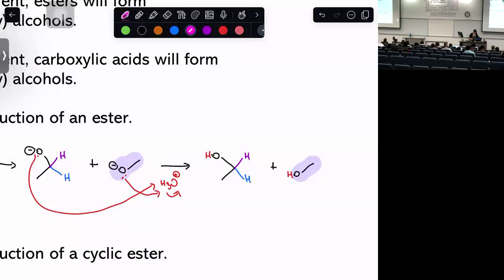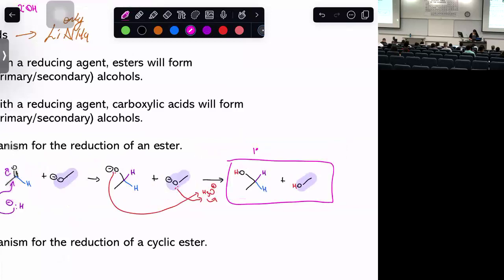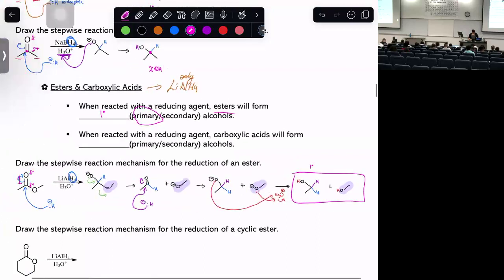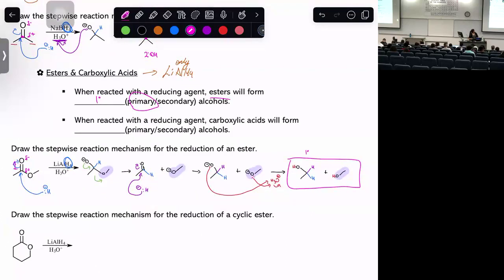Okay. In this case, those two guys are my products. What kind of alcohol did I just create? Primary. Exactly. So now we go back to the little summary. So we know now that when esters are reduced, you always create a primary alcohol. Okay. Does it make sense? Pretty easy to follow, right?